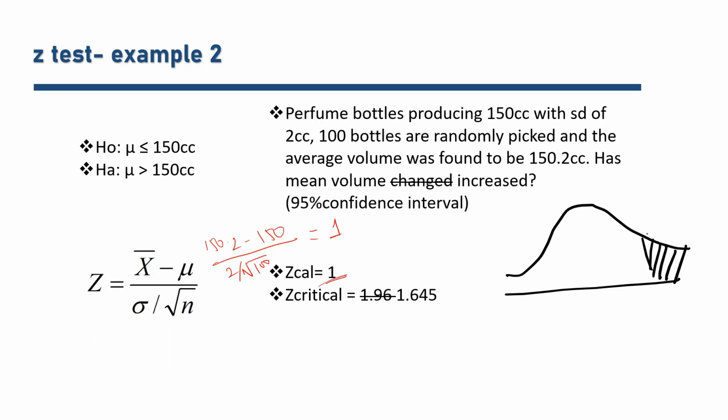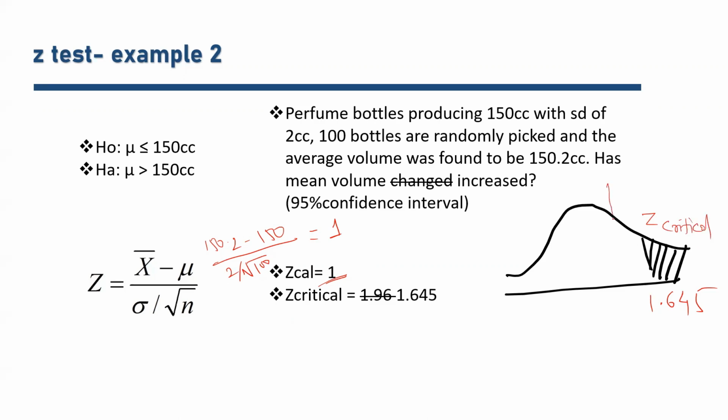Now the only thing which has changed is your Z critical value. So instead of 1.96, this is 1.645, and this is your Z critical.